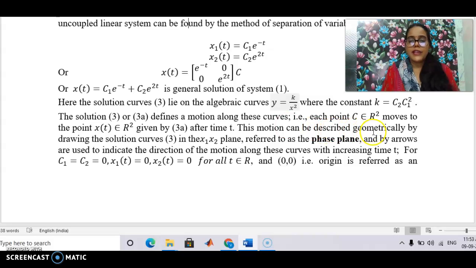This motion can be described geometrically by drawing the solution curve 3 in the x1 x2 plane, referred as a phase plane, and by arrows are used to indicate the direction of motion along the curve with increasing time t.